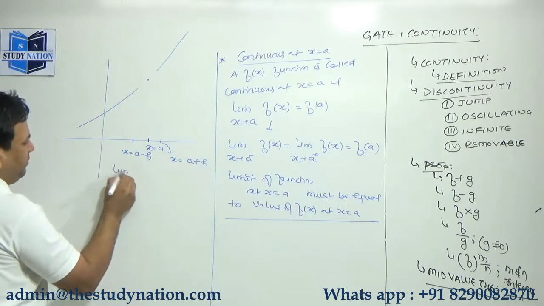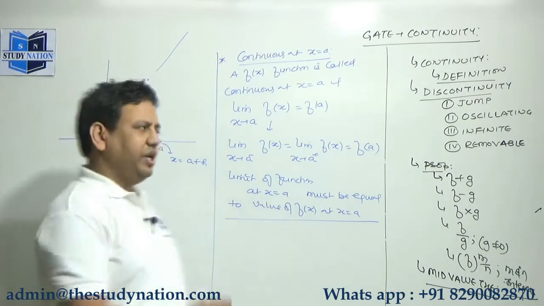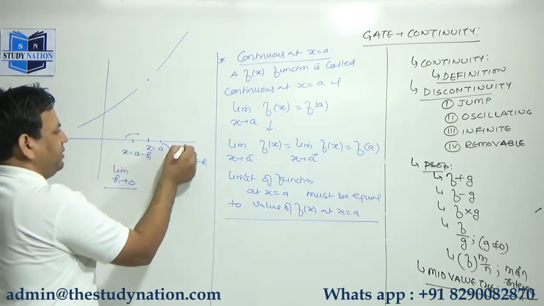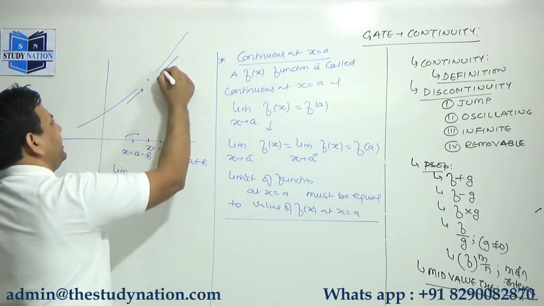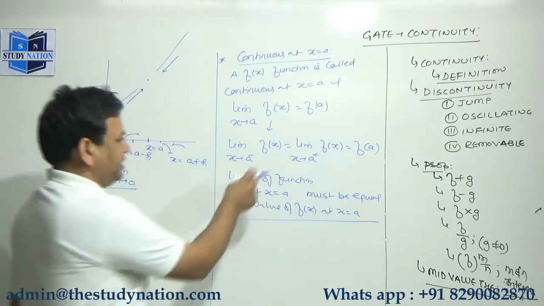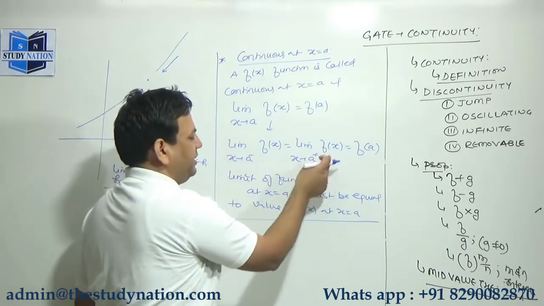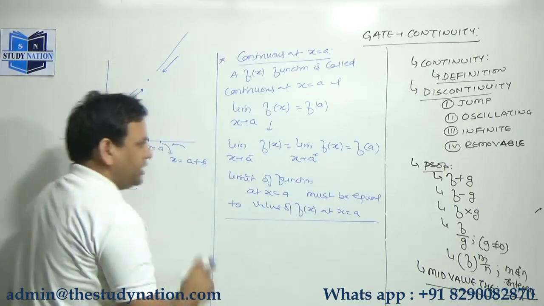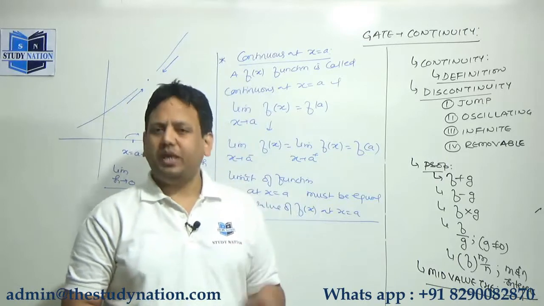If we say limit h goes to 0, there are two different ways to reach x equal to a, either from the left side or from the right side. This is the left hand limit, reaching from the left hand side. This is the right hand limit, reaching from the right hand side, and this is the value of the function. So just remember, all these three should be defined and they must be equal.